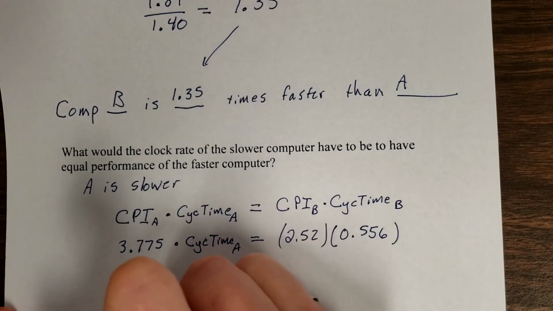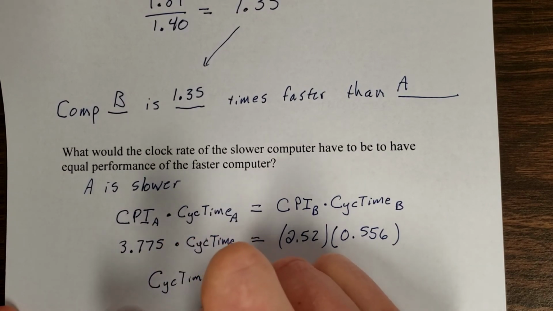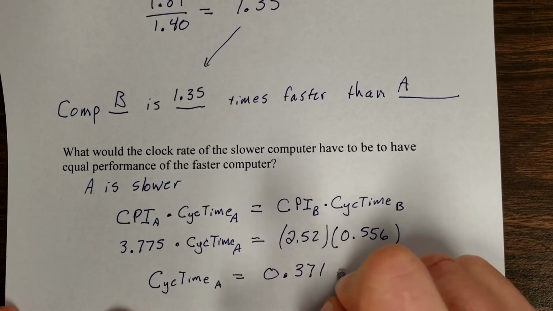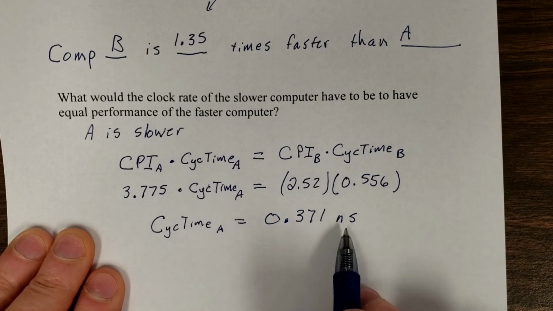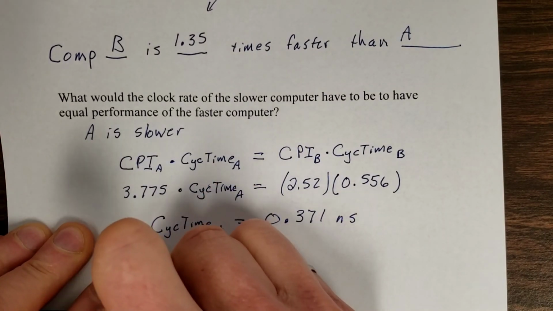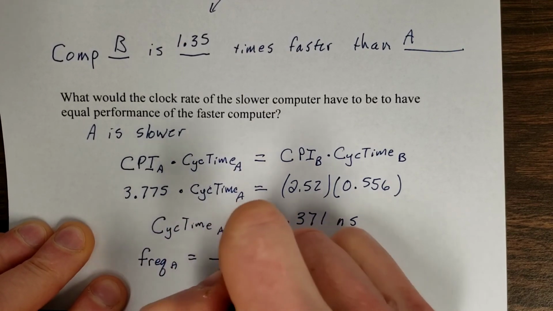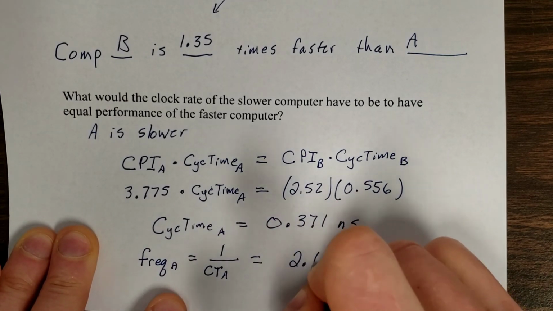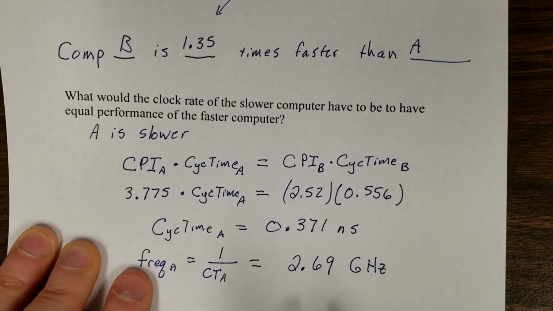And so when we solve that, we get the cycle time of A as 0.371 nanoseconds. But that's not what they ask us for. They asked for the clock rate. Well, the clock rate, the frequency, is going to be 1 over this time. So the frequency of A is 1 over the cycle time of A, which is equal to 2.69 gigahertz. Okay, so that's our answer.